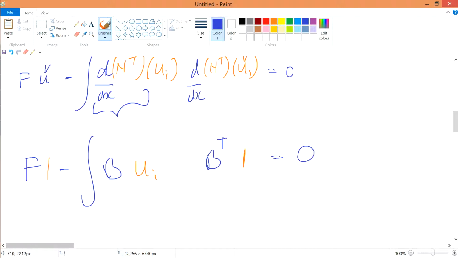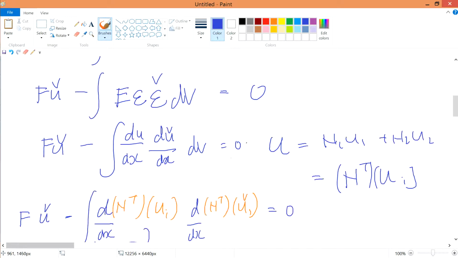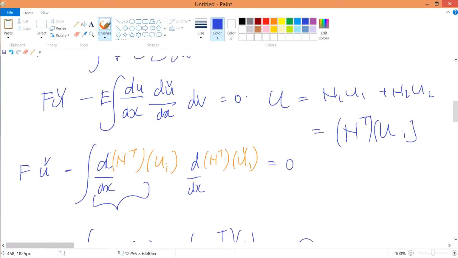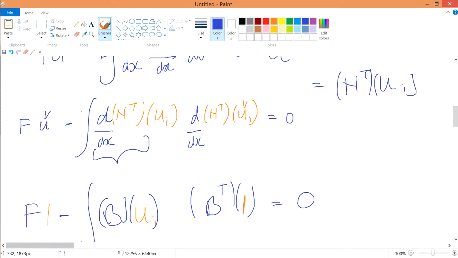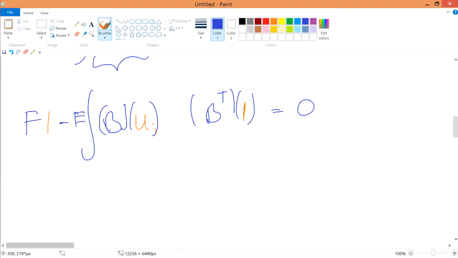I hope this is kind of clear to you. And we may have forgotten something: my E over here, I didn't actually bring it down. This strain I brought down, this strain I brought down, but I forgot to bring my E. I had factorized it outside, but I didn't include it. So let me just add it in over here.